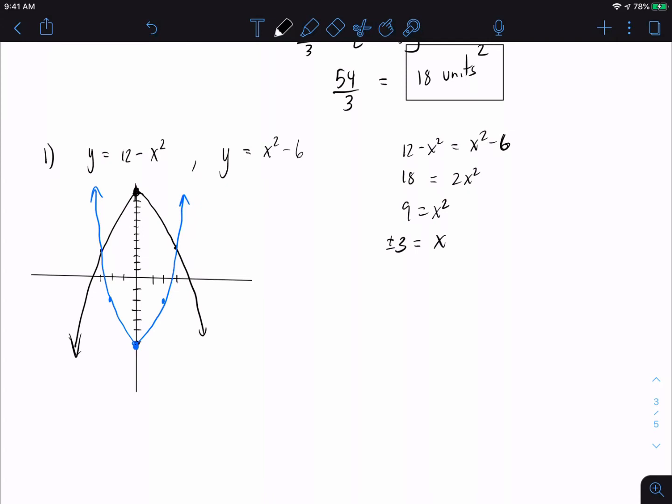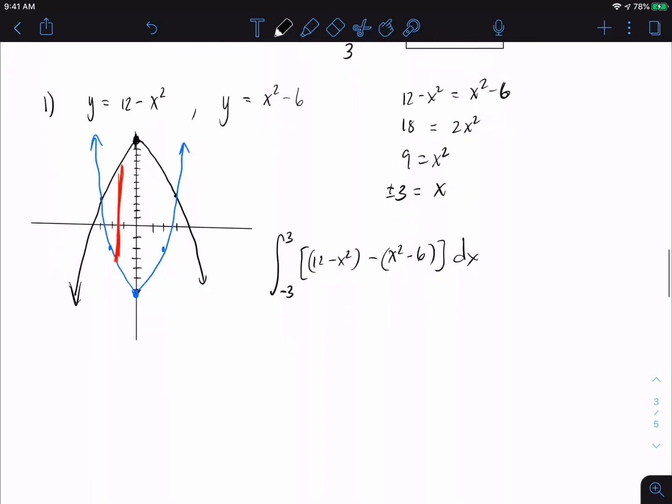Okay. So, my integral, you guys have gotten the bounds, is from negative 3 to 3. My slice, we can clearly see, has to be a vertical slice. So we know it's going to be a dx. So the top function is 12 minus x squared minus the bottom function, which is x squared minus 6 dx.